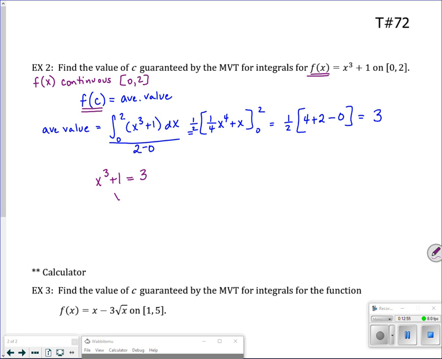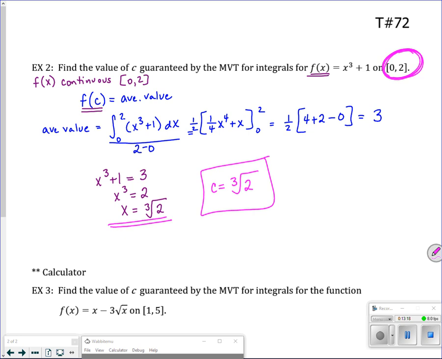So I have x cubed is equal to 2, so x is equal to the cube root of 2. Now I write my C value. In solving, depending on your function, you might get several values for x, but remember your C value, as we've done so many times, has to be within that interval.